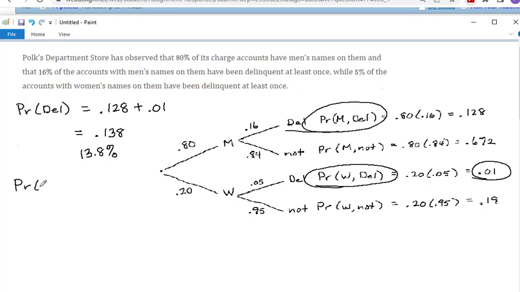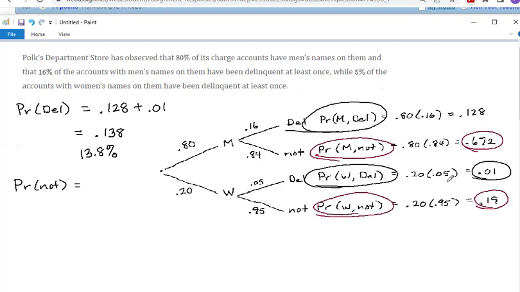Okay, knowing that, let's find the probability that an account is not delinquent. I can do that 2 different ways. I could look for all the branches where it's not delinquent and add up those probabilities. That would be 0.672 plus 0.19. It's 0.862, or 86.2%.